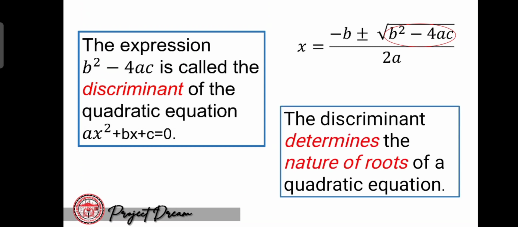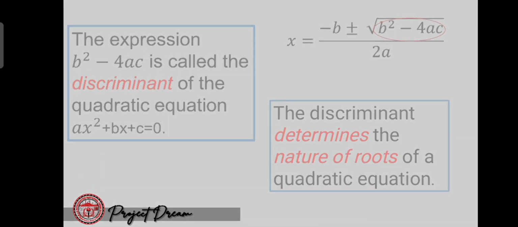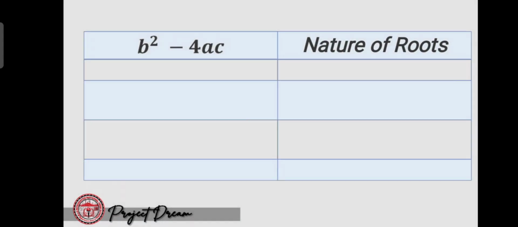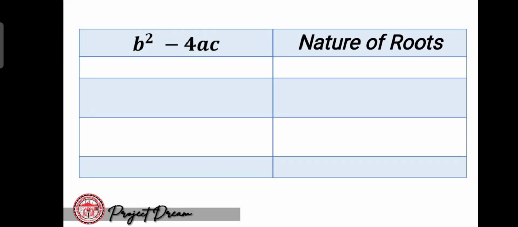By knowing the value of b squared minus 4ac, we can now determine the nature of roots of a quadratic equation. Next, let us look at the table that shows the possible values of the discriminant b squared minus 4ac and the nature of the roots.